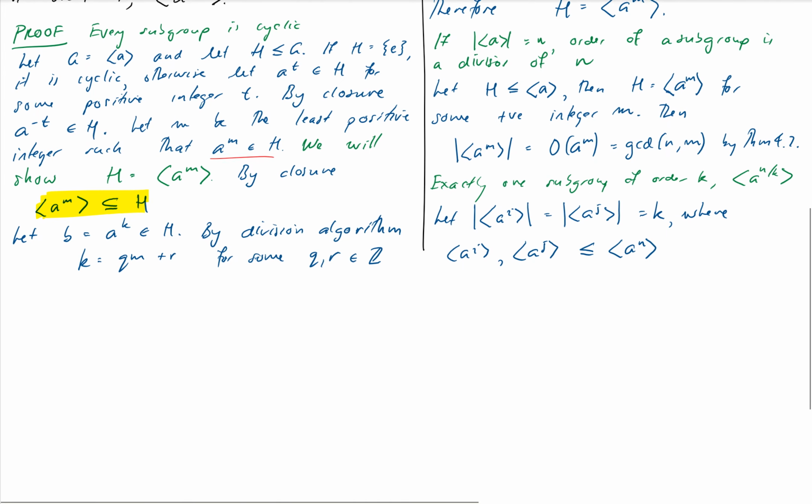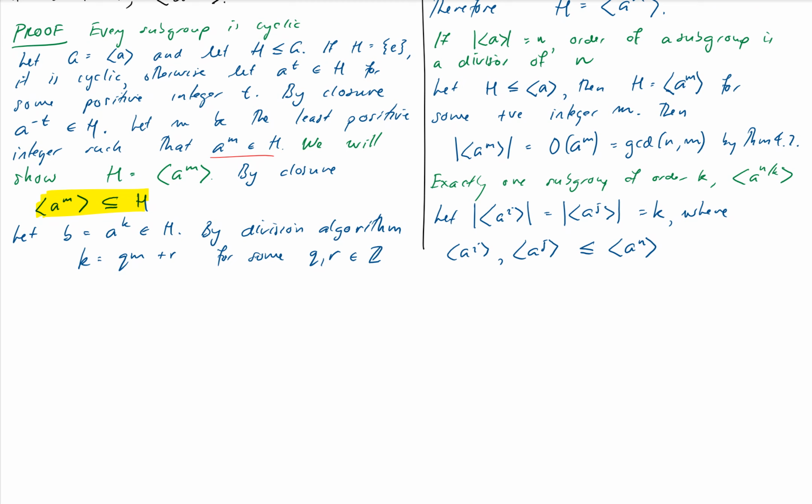Okay, and then we can just use our corollaries to theorem 4.2 to say that then GCD of N and i is equal to GCD of N and j, which in turn implies that the two subgroups are equal.